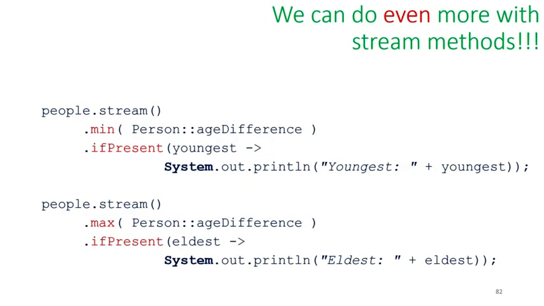And then the last thing we're going to add in terms of convenience methods. We haven't talked about the min and max terminal operations yet. But every time you have a method that allows you to compare two objects, whether you have it already in the class, like here, so you use a method reference to reference it, or you have to write a lambda yourself, no matter.